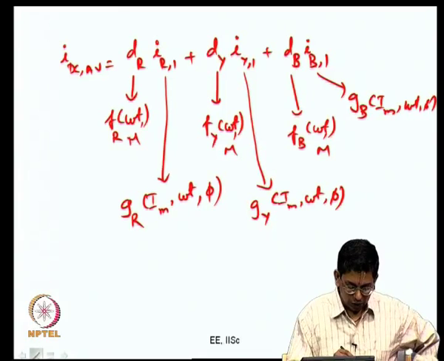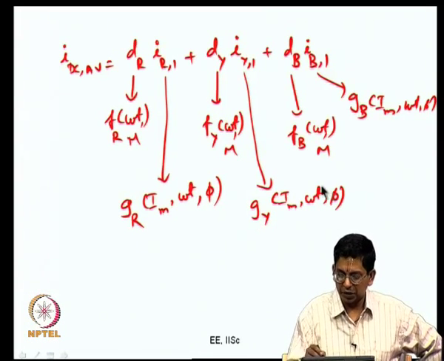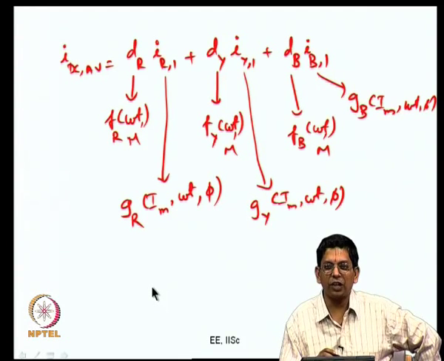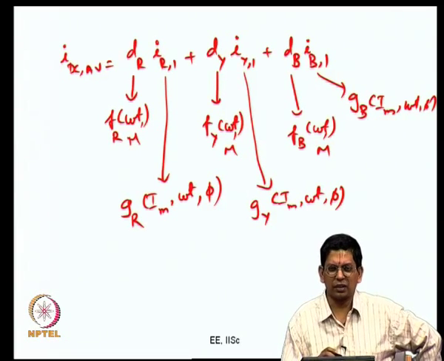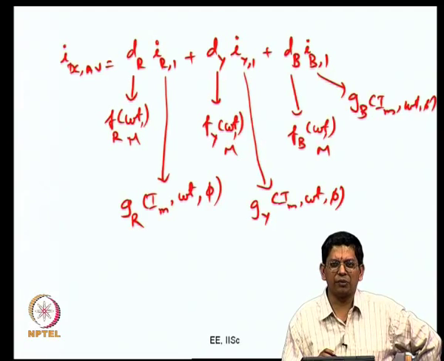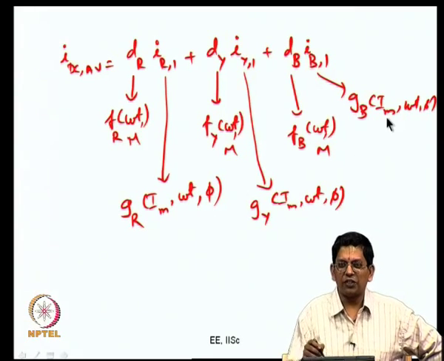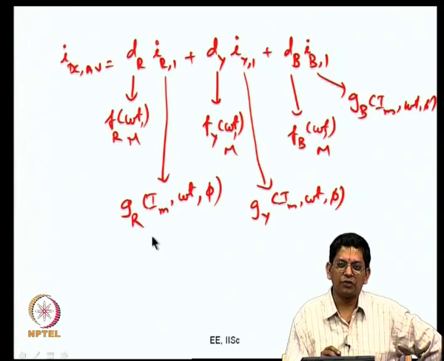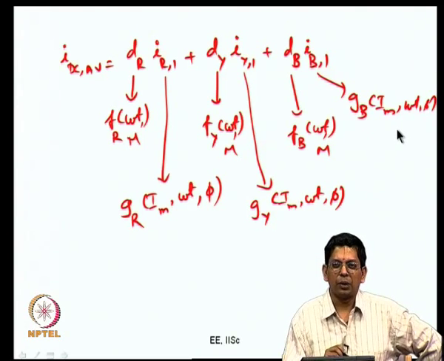So, this part is not dependent on the PWM method, they are just 3 phase quantities. We are ignoring the harmonic components, the ripple, we are assuming that the ripple is much smaller, which is true in most cases in PWM inverters, and therefore you can ignore them. Once you have ignored them, it is only 3 phase currents: Im sin omega t plus phi, Im sin omega t minus 120 plus phi, Im sin omega t minus 240 plus phi.